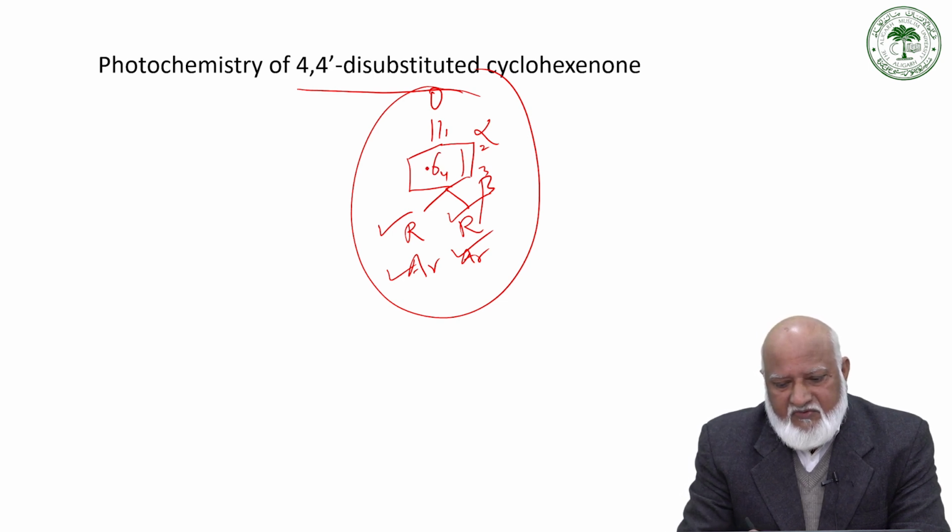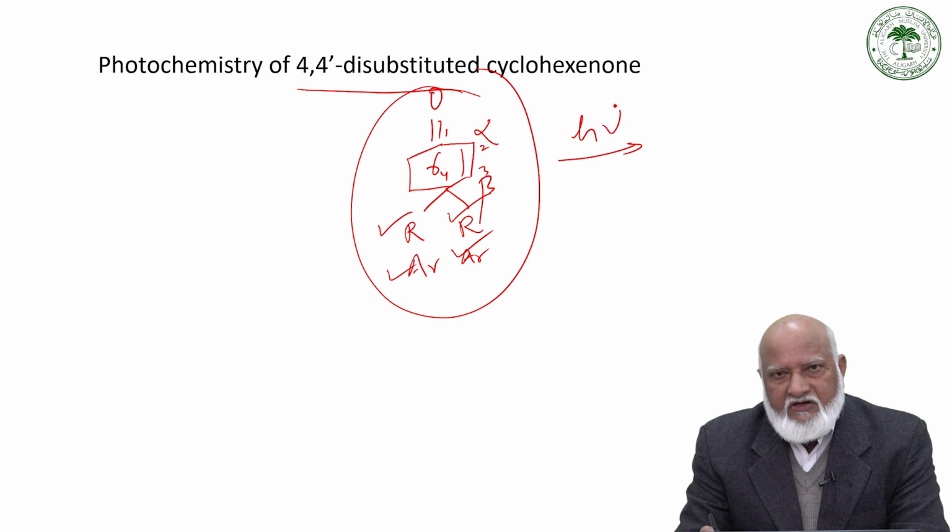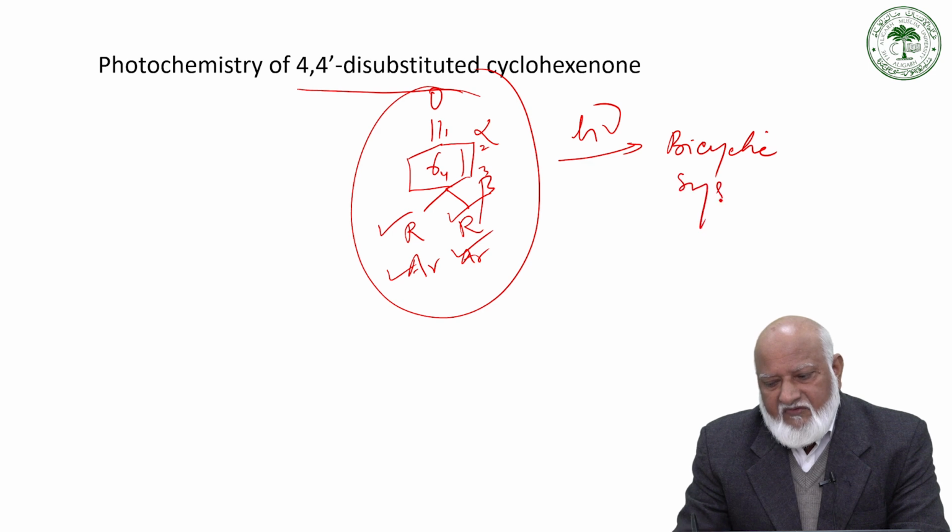Under photolytic conditions this six-membered ring has been found to give a bicyclic system with a 5 plus 3 ring system.